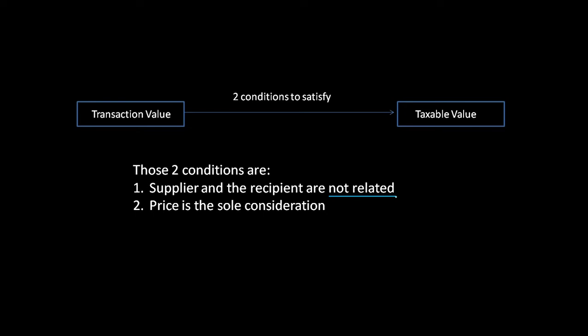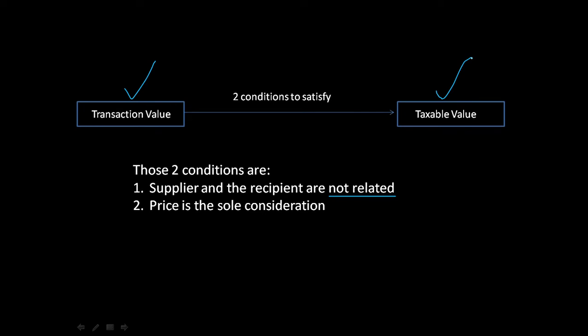It is not that I pay half the price and give the rest by, say, working on his paddy field. No payment in kind. Price has to be the sole consideration. Clear? So if these two conditions are satisfied, then the transaction value ends up becoming the taxable value.